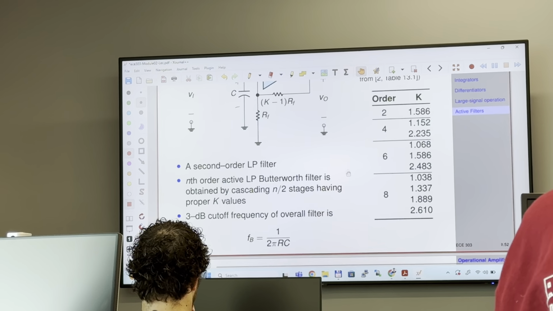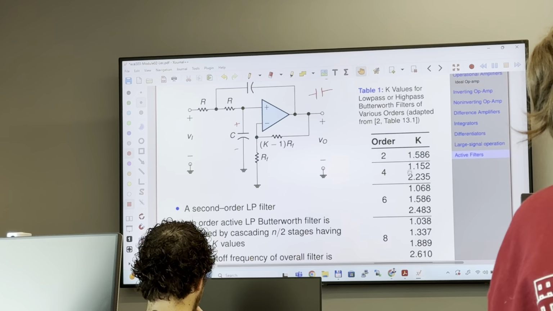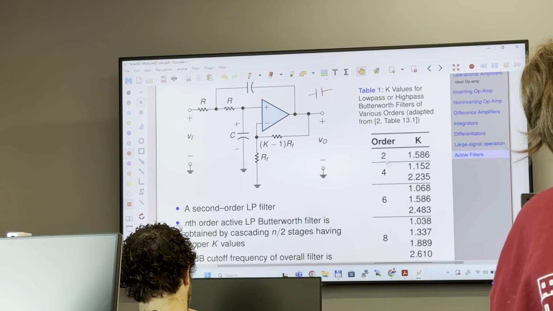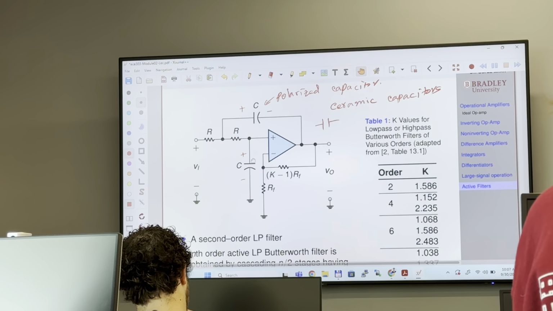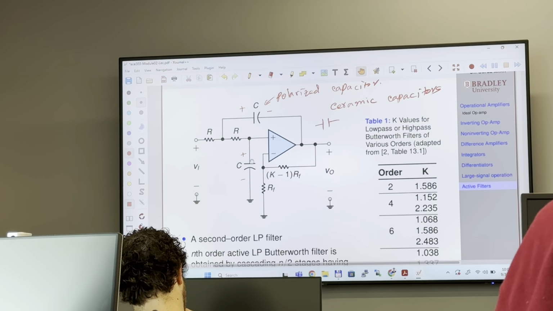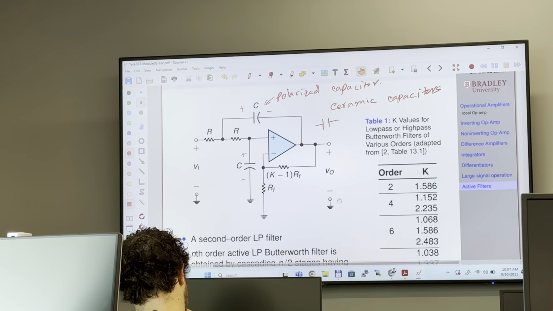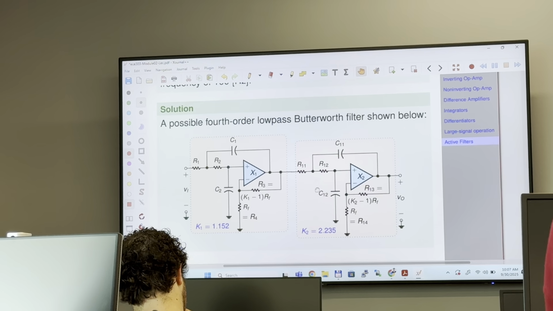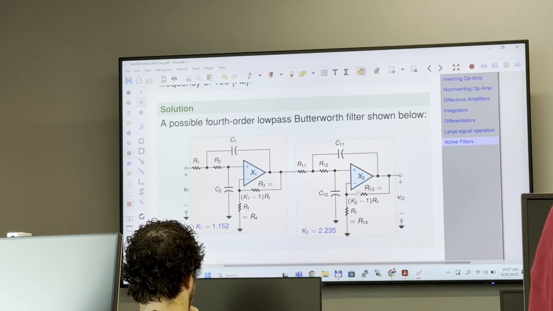Depending on the order, you get the K values like that. Fourth order means two second-order stages, because each has two energy storage elements. If you have fourth order, you will have this copy right here. So this is a fourth order filter.